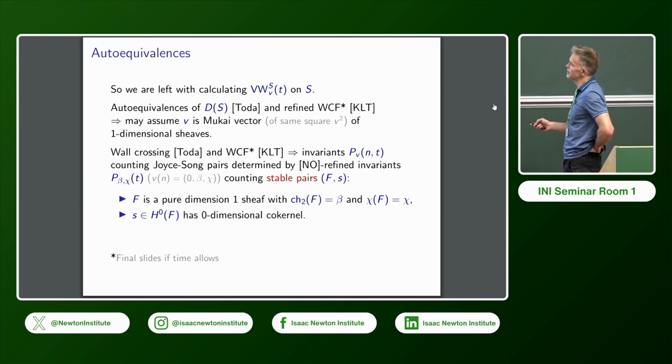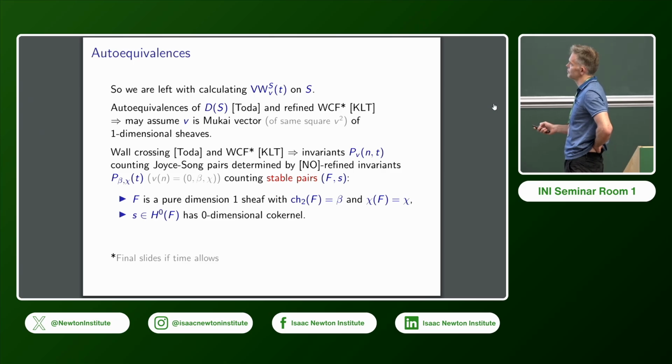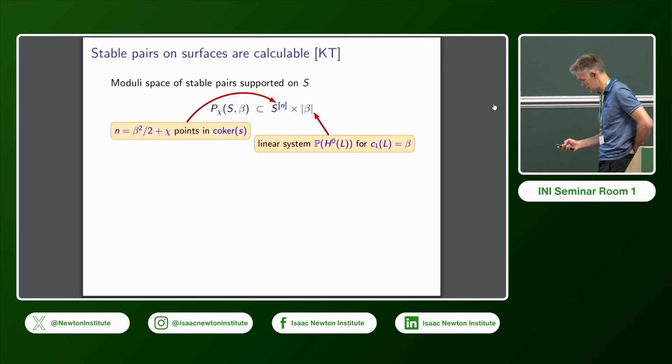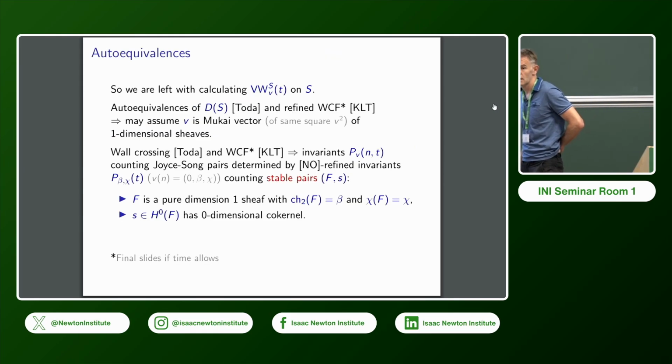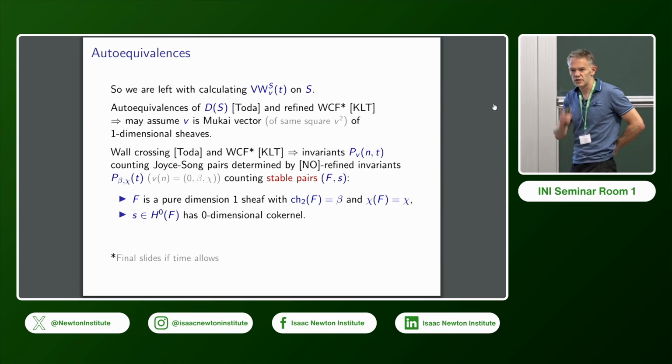So this is a different stability condition on pairs. But again, there's a wall crossing formula to tell you how to turn counting Joyce-Song pairs into counting these stable pairs. So all these wall crossing formulae are trivial, so there is no contribution. Yeah, that's the thing I want to explain at the end.